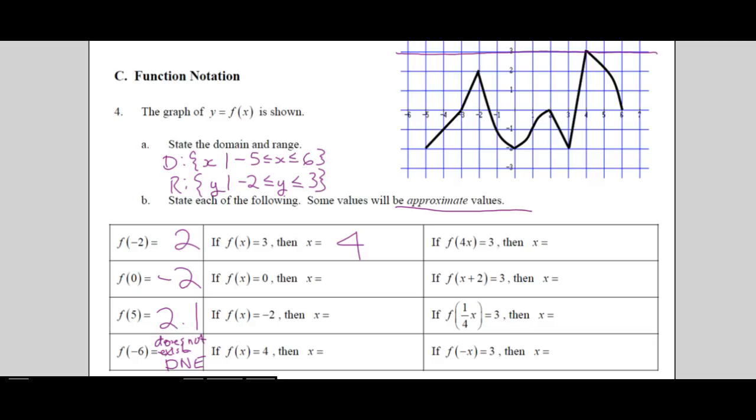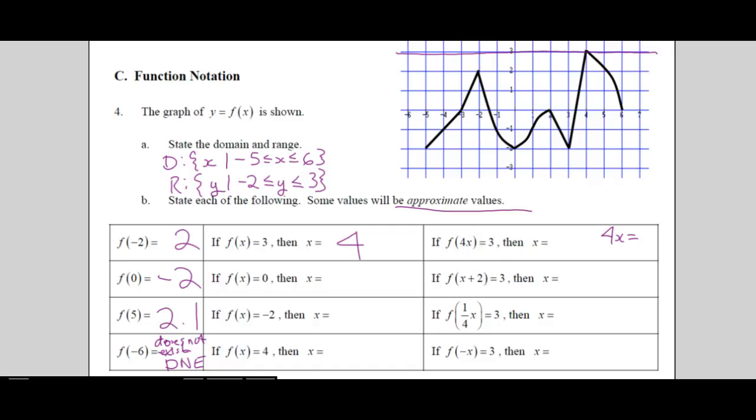In the same vein, if f of 4x is equal to 3, then what's x? Well, if x is -2, then you're going to work out f of -8. So what are we really looking for? We're saying, on 3, that means that 4x has to be equal to 4, the value that I'm evaluating.